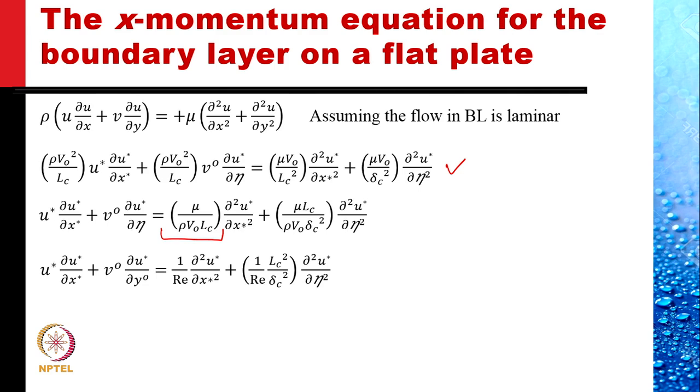So this is how we can write this equation. Now in this equation, Reynolds number is very large. So definitely this term drops out. But the second viscous term must remain in the equation.